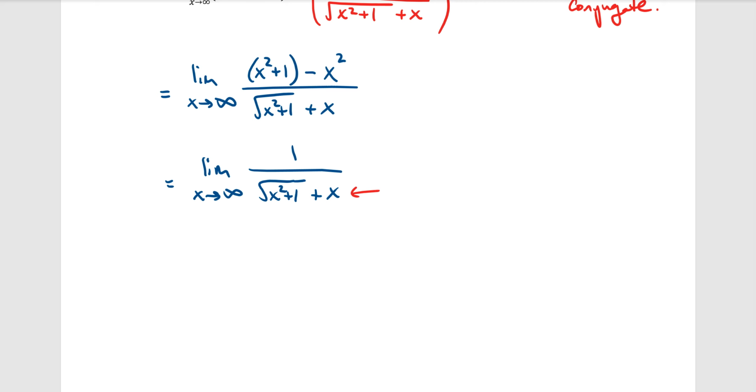For the denominator, as x goes to infinity, that denominator is also going to go towards infinity. Because it's essentially the square root of infinity, which is infinity, plus infinity. No matter what we do with these x values, as long as they're getting larger and larger, that expression as a whole is going to be getting larger and larger. So that's kind of going to be like 1 over infinity, which tells us this would be 0.